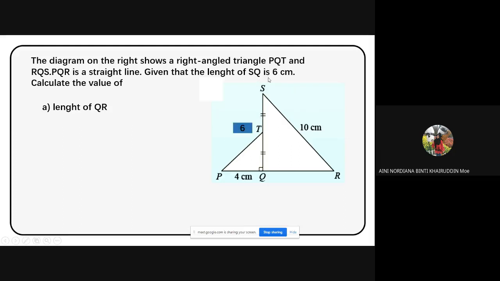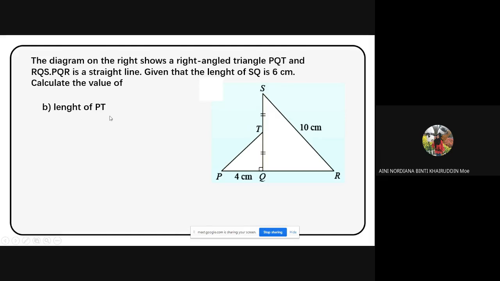SQ, just now said in the question, is 6. So use Pythagoras theorem, square root of 10 square, hypotenuse, minus 6 square. Okay, you can use the calculator, then you'll get 8. So QR is 8.